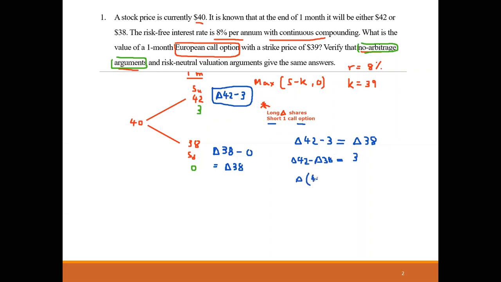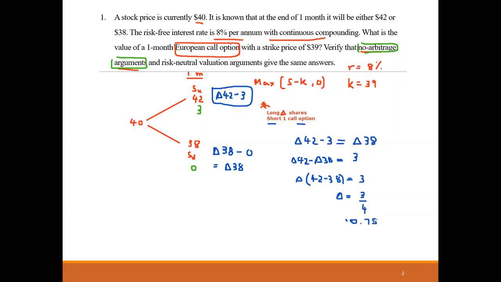Take delta out, so 42 minus 38 will be equal to 3. In other words, delta will be equal to 3 divided by 4. So as you have already calculated, the value of delta will be 0.75.